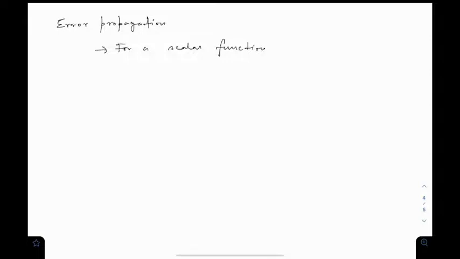Now let's discuss error propagation for a scalar function of a single parameter.